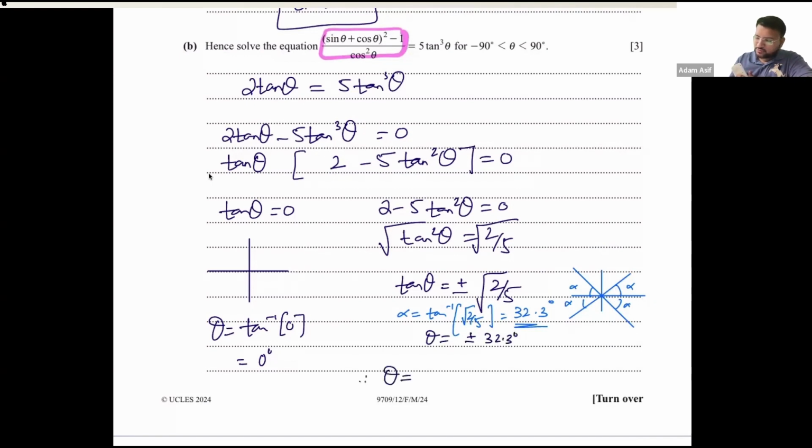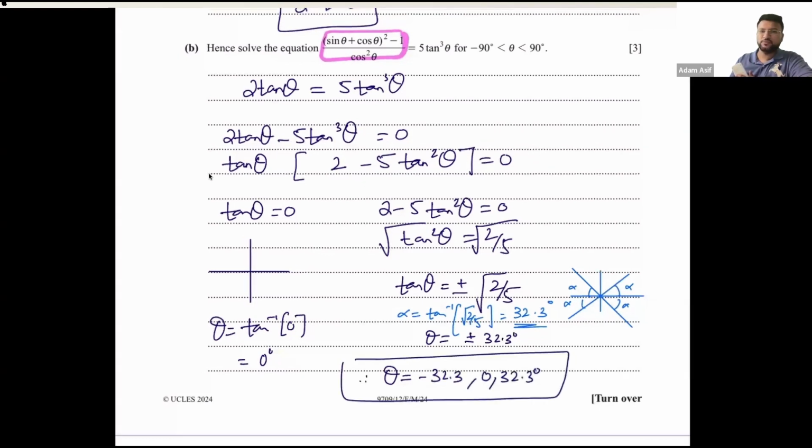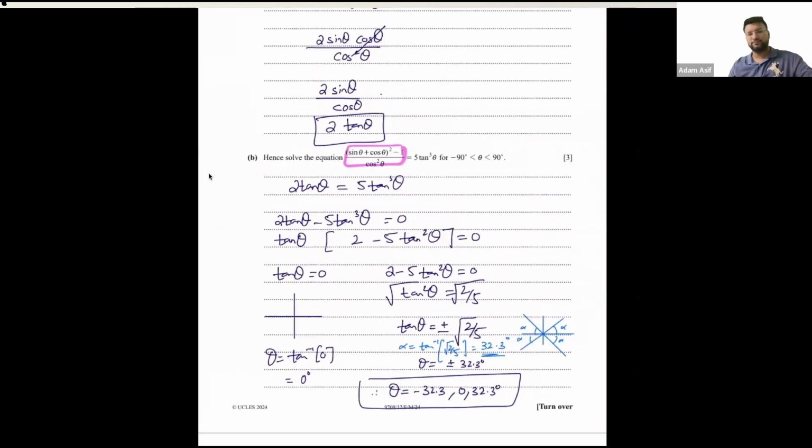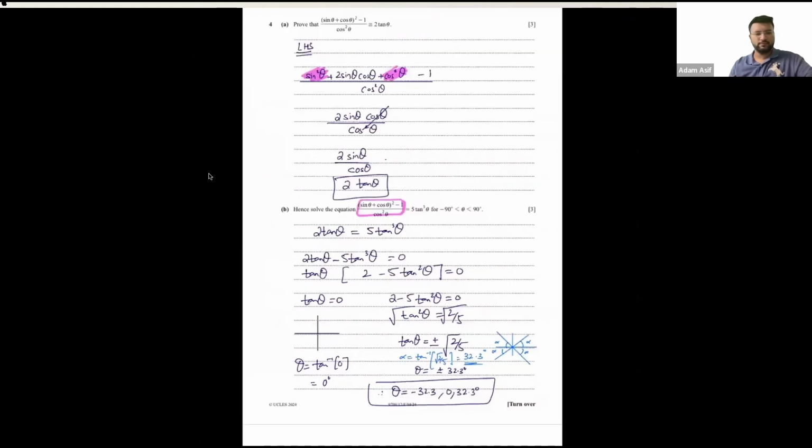Therefore the final answer would be minus 32.3, 0 and 32.3. That's the working for the entire question. All right. Any questions till here?